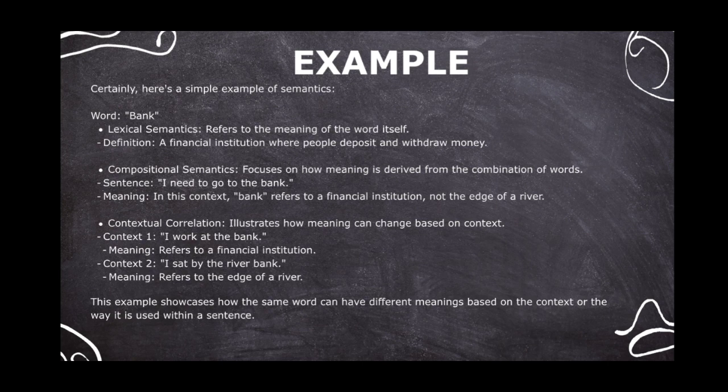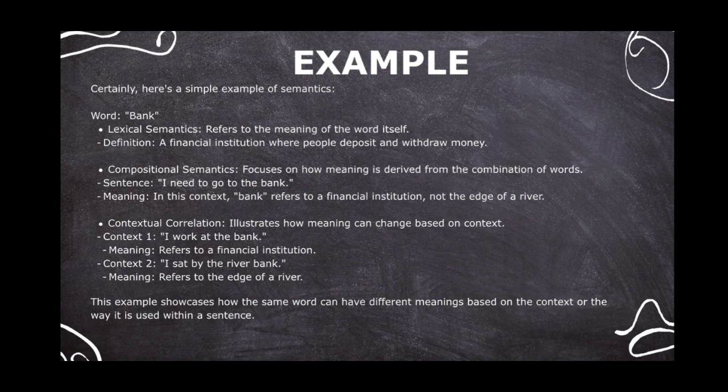Then this is a little example of semantics. So we take it from the word bank. From the lexical semantics side, it refers to the meaning of the word itself, with a definition of a financial institution where people deposit and withdraw money.